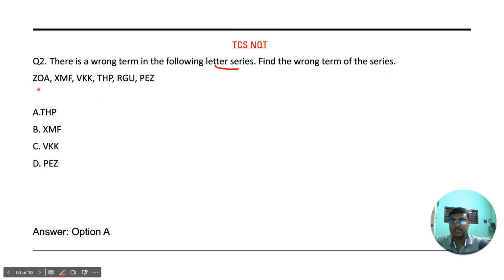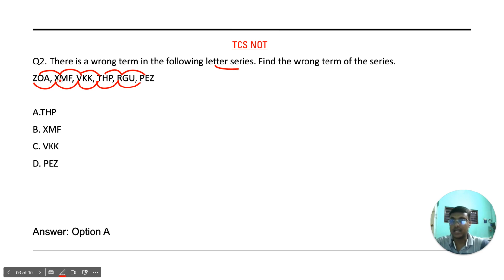Okay, there is a wrong term. If you notice, the first letters of each word are in a series. The second letters of each word are in another series, and the third letters are also in another series by themselves. Let's see what the first letter series is.